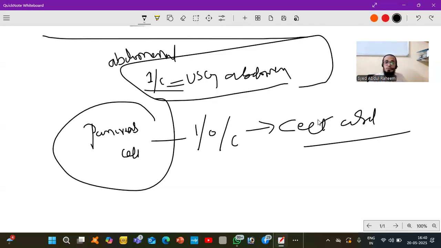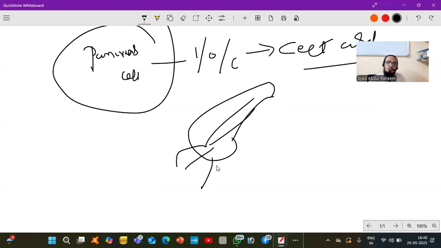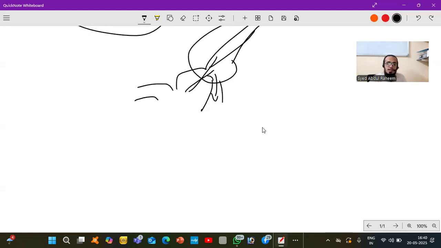Next, we know that the pancreas has ducts, the pancreatic ducts, and most ducts are there, which open into the small intestine. If you want to study the ducts of the pancreas, how the hormones and digestive enzymes are going, you need to take the important scan, that is MRCP.